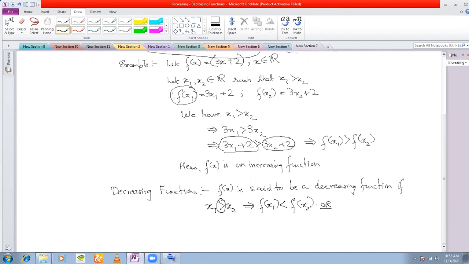Or you can use another alternate condition. If I take x1 less than x2, then it should mean f(x1) greater than f(x2).